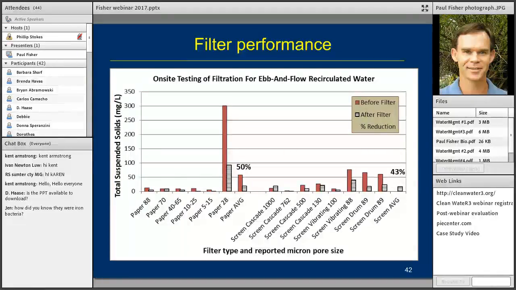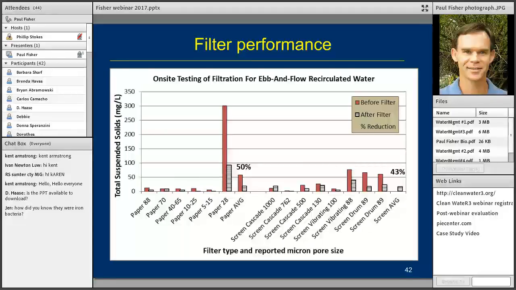And when we looked at lots of different filters, these are all in commercial operations, we tested the suspended solids before filtration, and this is all recirculated water, and so that's in the red color. That's the suspended solids before filtration, and then the black lines is after filtration.